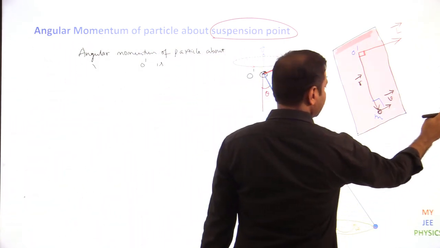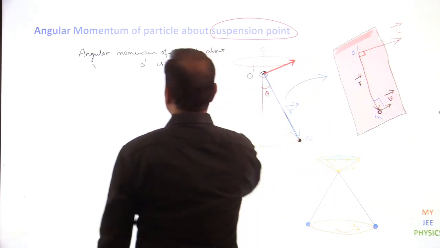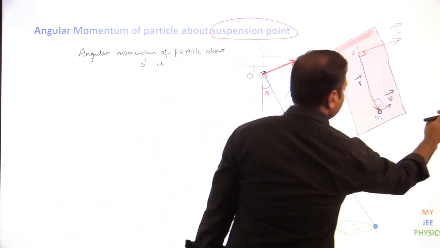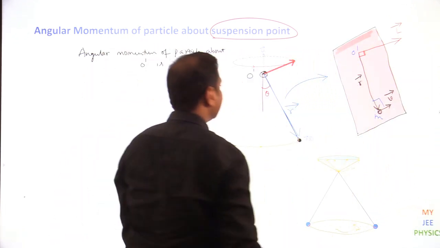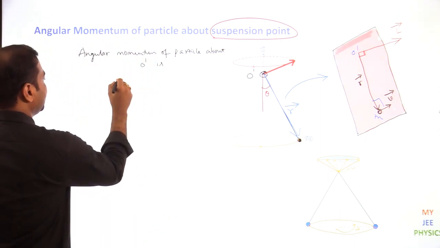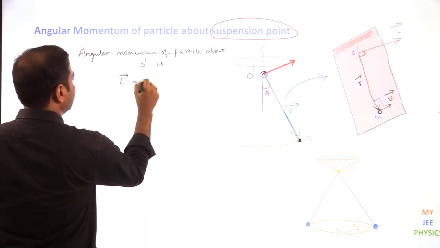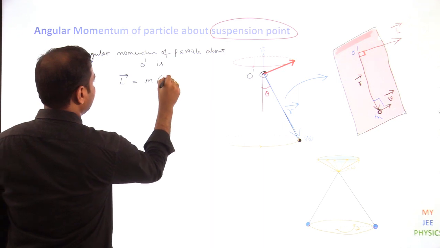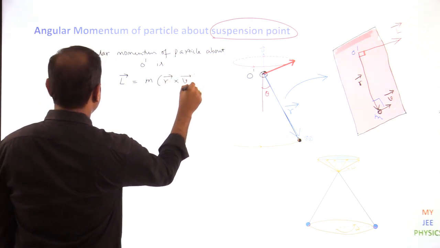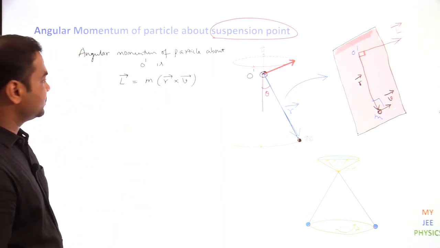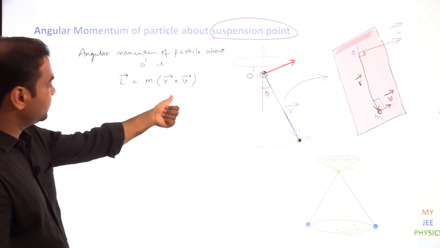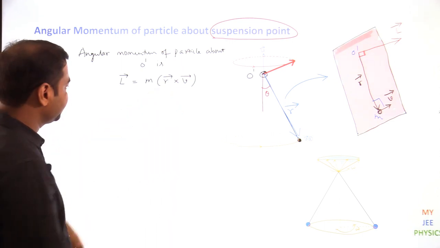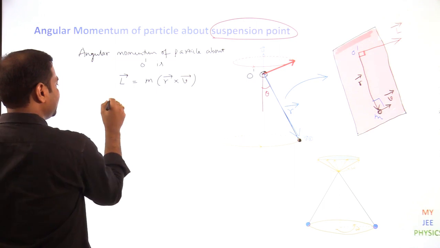What is the formula I know? L bar is equal to m into R bar cross V bar. Already we have seen this part. So m into R bar cross V bar is the angular momentum vector. This is the basic definition, and now I am going to apply it here.